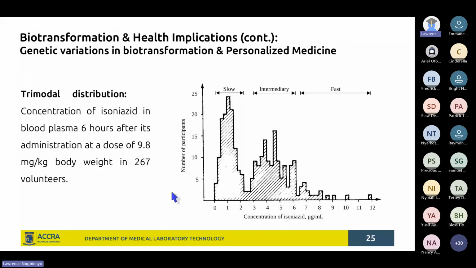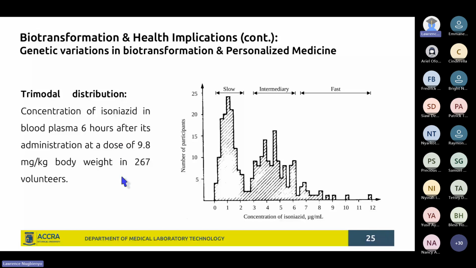Now, when I was talking about the N-acetyltransferases, I mentioned that you do have some genetic polymorphism, so that in different groups of people, you have some people who are fast metabolizers, some are slow metabolizers. So this is an example of a drug, isoniazid, which is an antibiotic used for the treatment of tuberculosis.